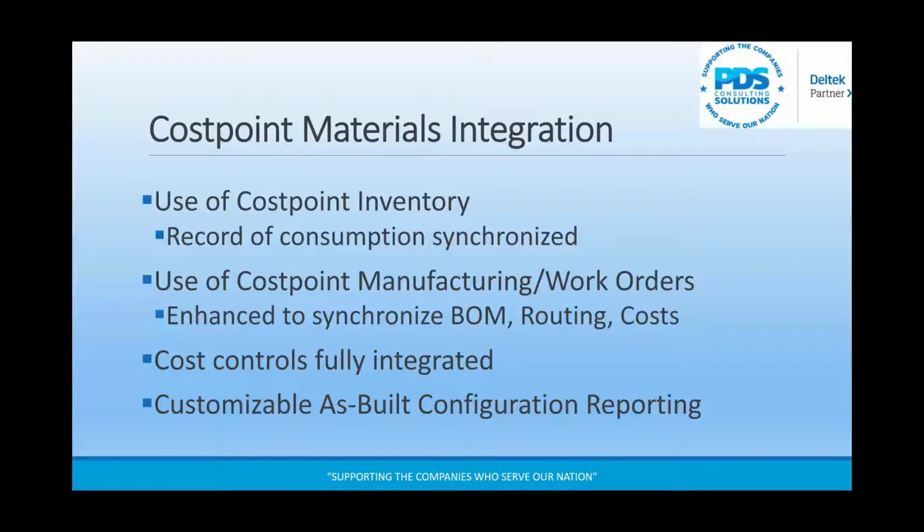So all of our cost controls are fully integrated. We're not using two separate independent systems. We're using one integrated environment to do the shop management as well as the cost tracking for labor, material, vendor services, and so forth. And as a byproduct of this integration with materials, we have a customizable as-built configuration reporting that we can pull out of the system.